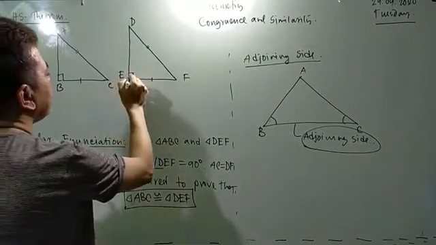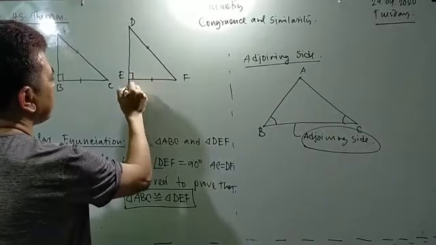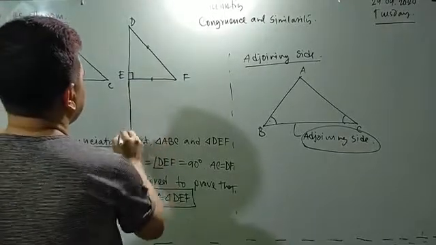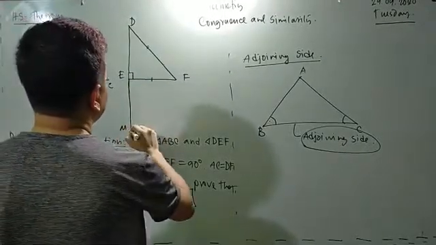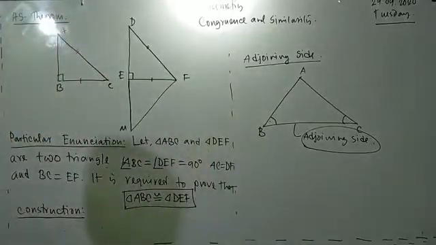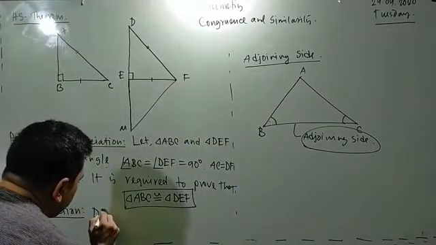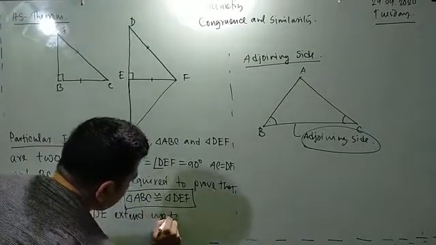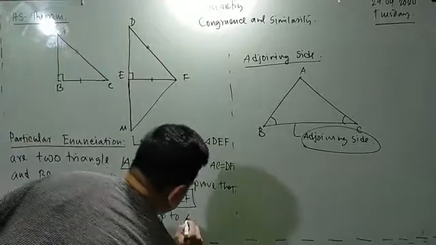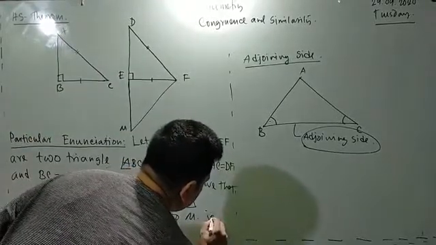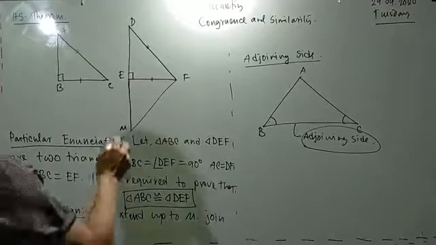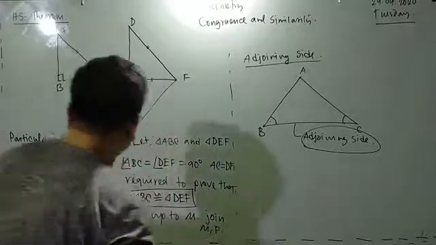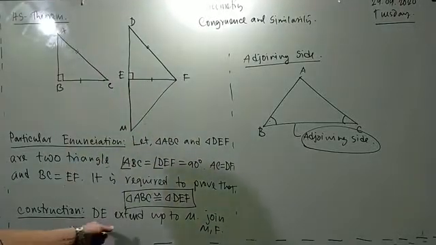Extend DE up to M, and this one is M. Then join MF. That's very simple and a small construction.